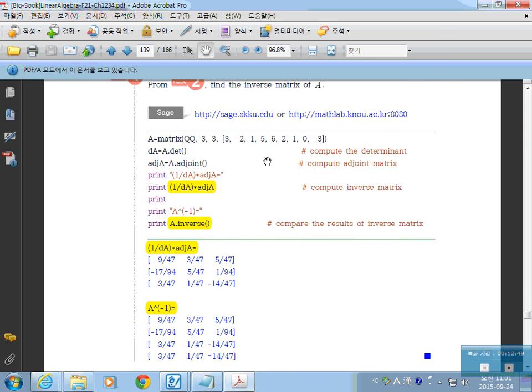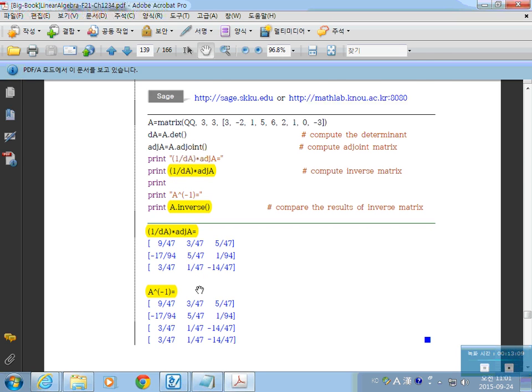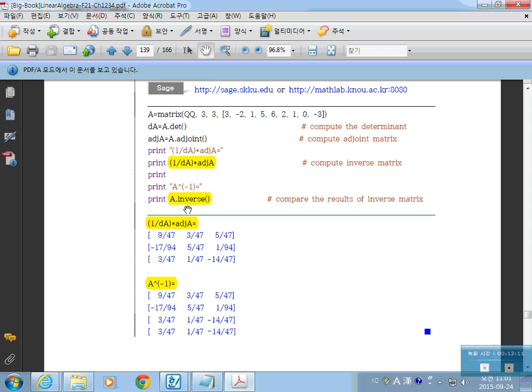Suppose we have a 3x3 matrix like this. Find the determinant of A and find the adjoint of A. Then 1 over the determinant of A times the adjoint of A is going to be this matrix. Also, we just find the inverse of the given matrix with this command, and you will have the inverse matrix like that.